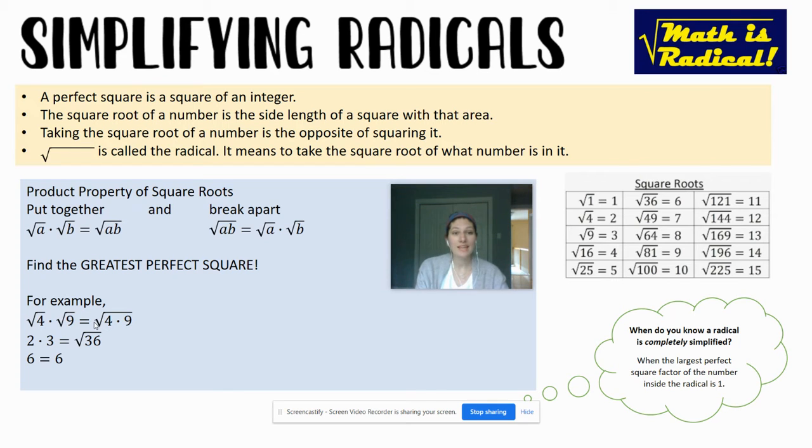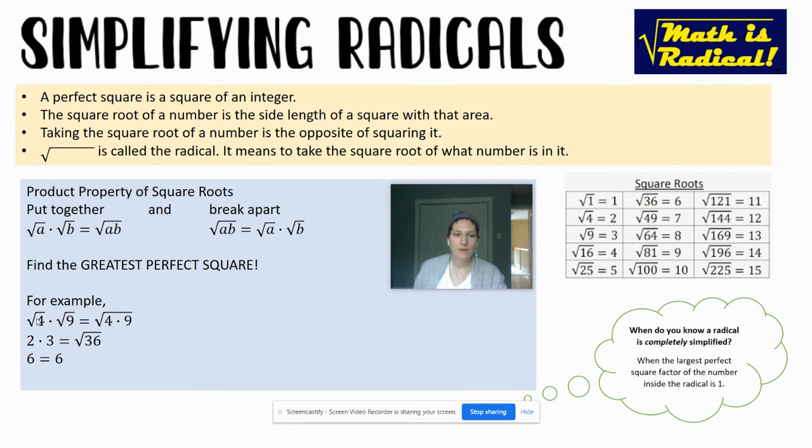I can multiply 4 times 9 and put it inside one radical. I can also use this property to break up a radical, and that's what we'll do a lot of today.